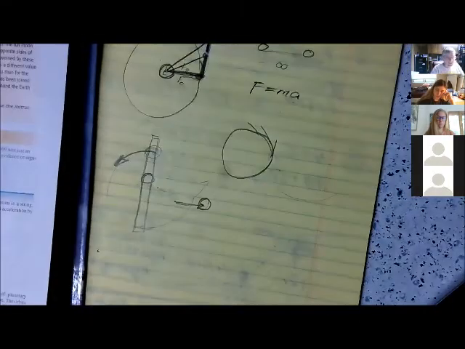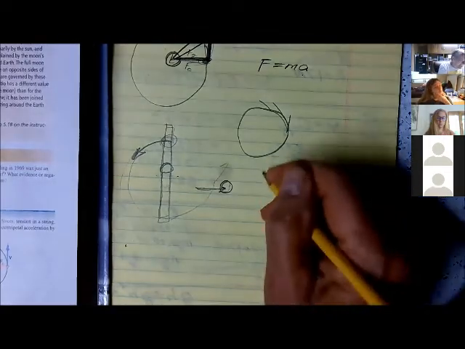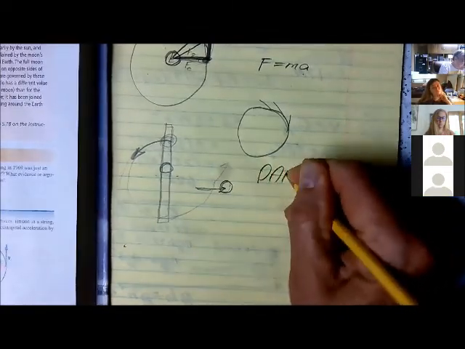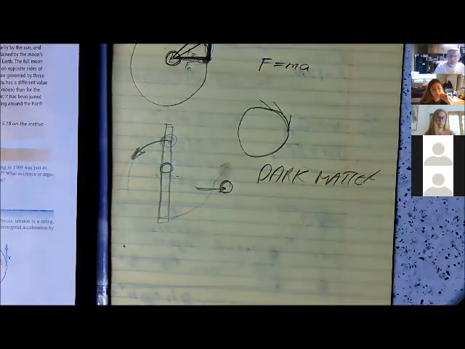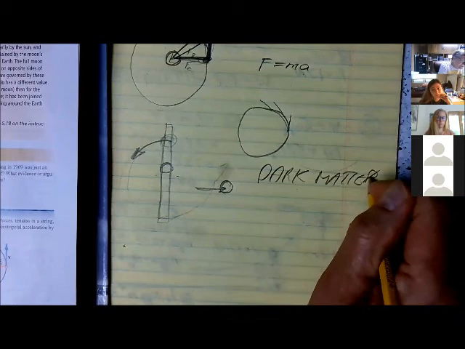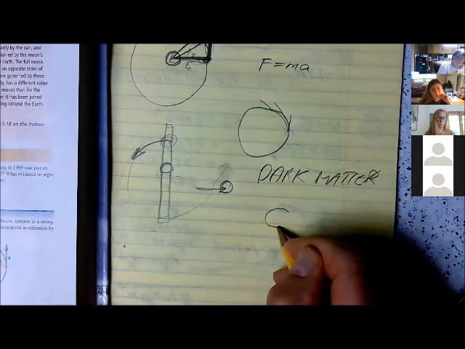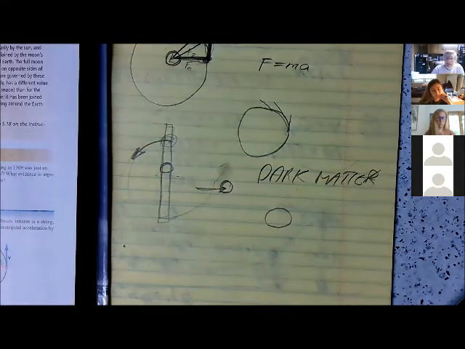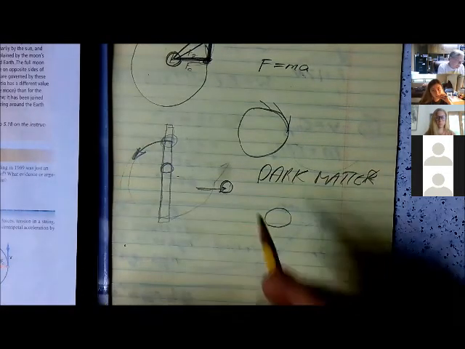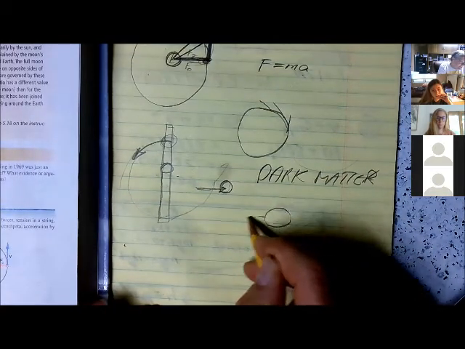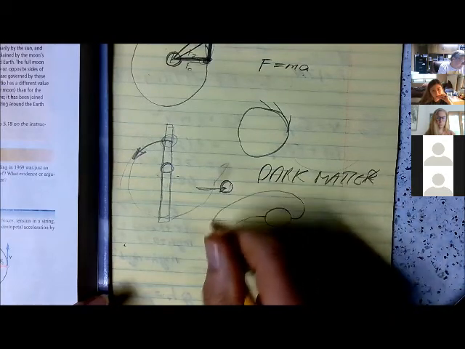Since you brought it up, this is where dark matter comes in. Have you heard of dark matter? I have. Okay, so the reason it came in: an astronomer was looking at galaxies. Galaxies contain hundreds of billions of stars. Well, some are smaller, but you get the idea. They have all different kinds of shapes, including these elliptical ones.